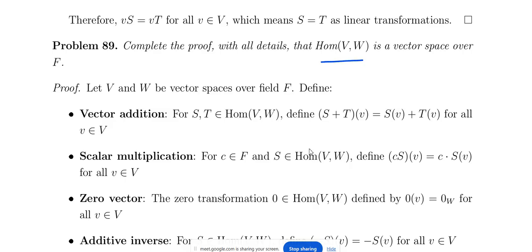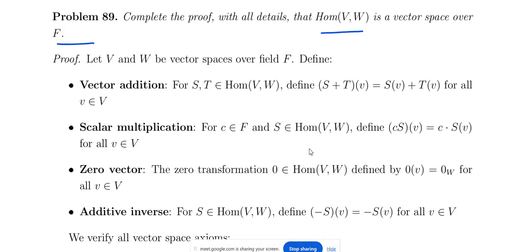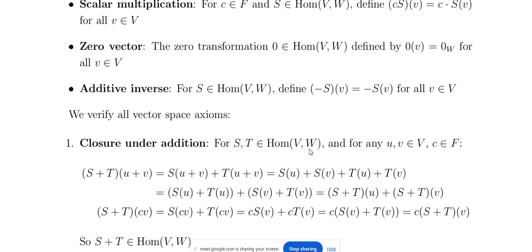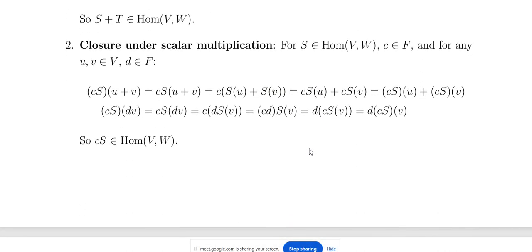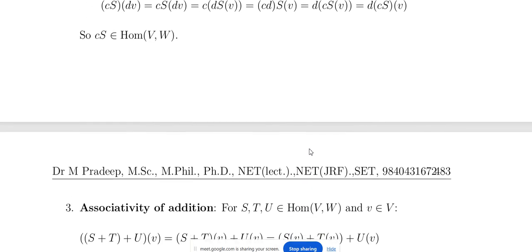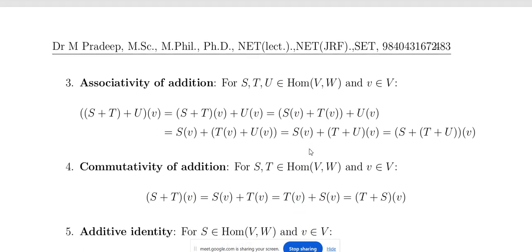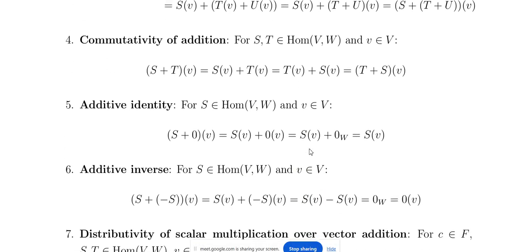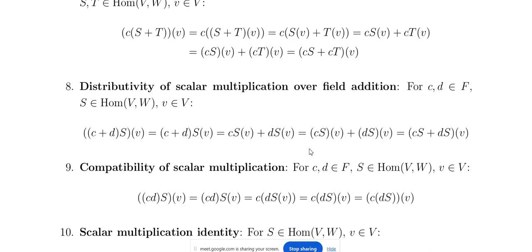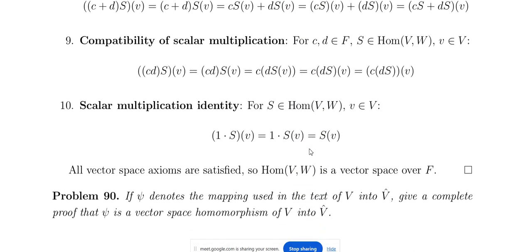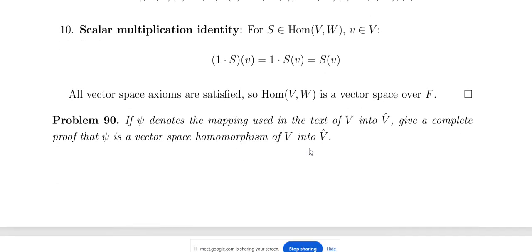Homomorphism V comma W is a vector space over F. So from these details we can prove easily that all the properties are satisfied, so this is a vector space.